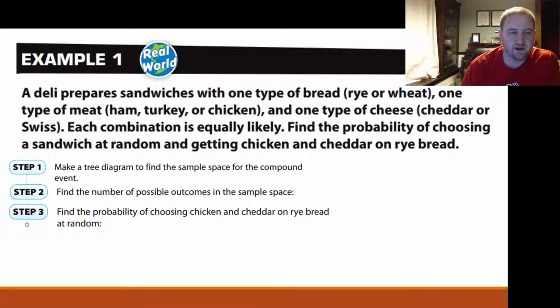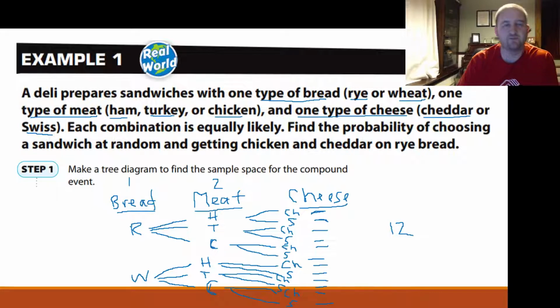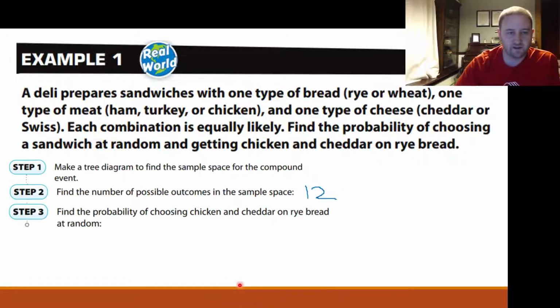Step 2 is find the number of possible outcomes in the sample space. We already said that's 12. And then find the probability of choosing chicken and cheddar on rye bread. So we need to find all the possible outcomes that give us chicken and cheddar on rye bread.